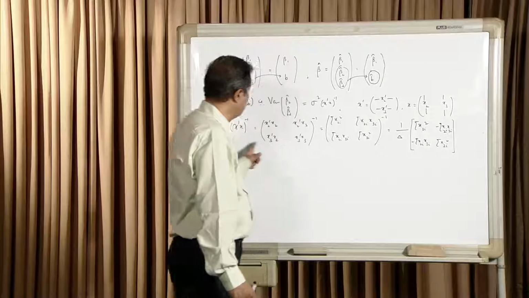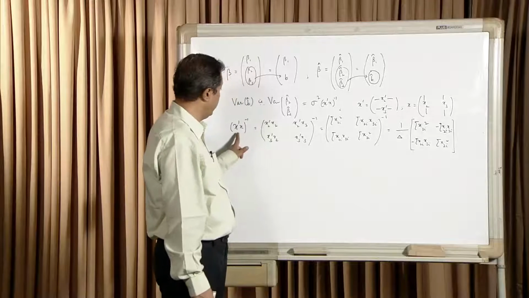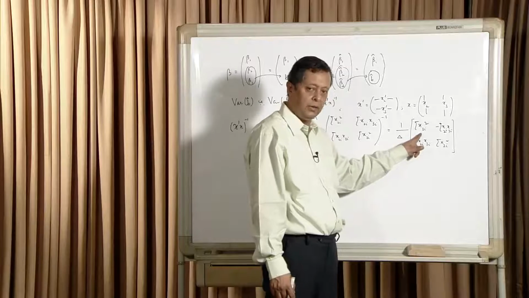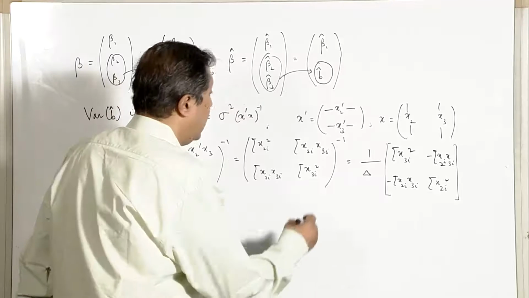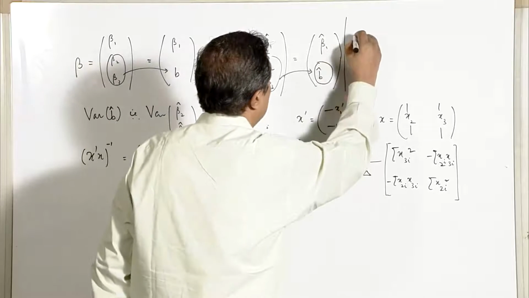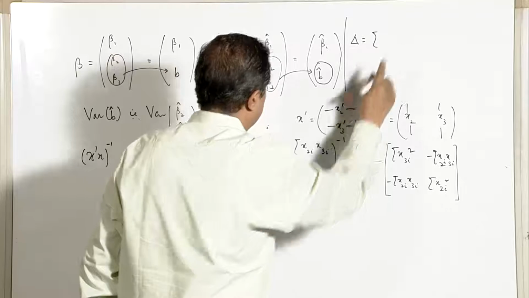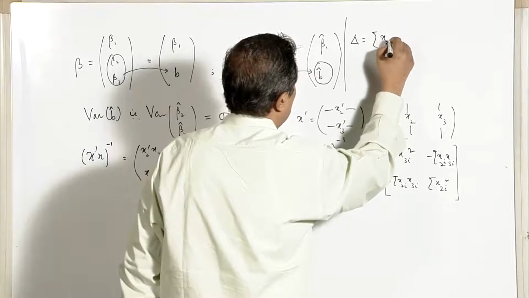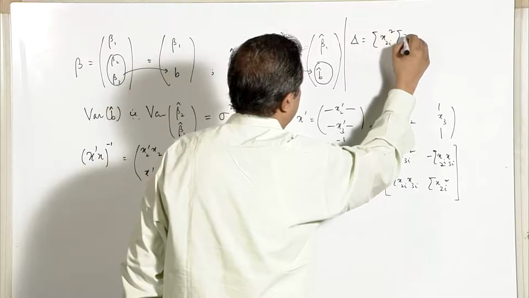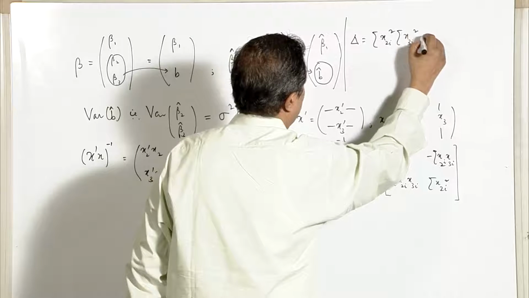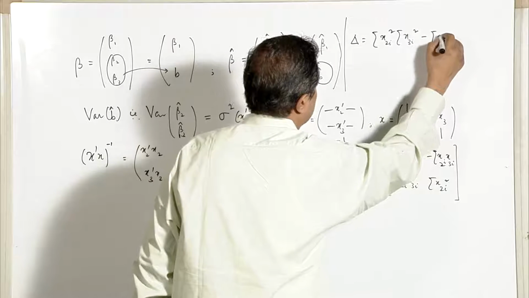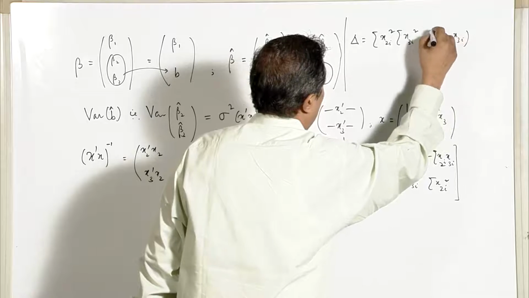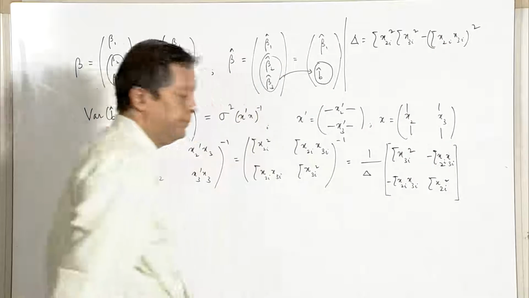So, that is the expression for (x prime x) inverse: 1 upon delta times this matrix, where delta is the determinant, summation x2i square summation x3i square minus summation x2i x3i whole square.